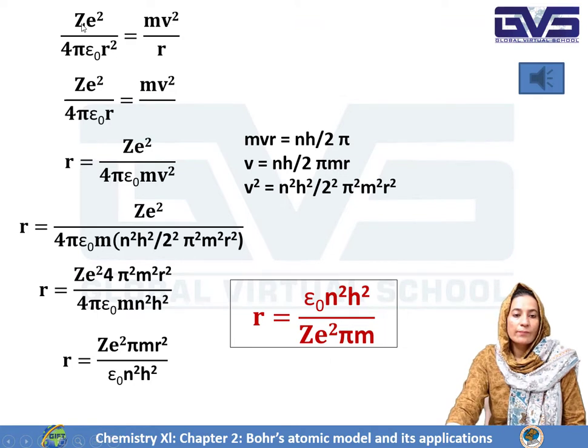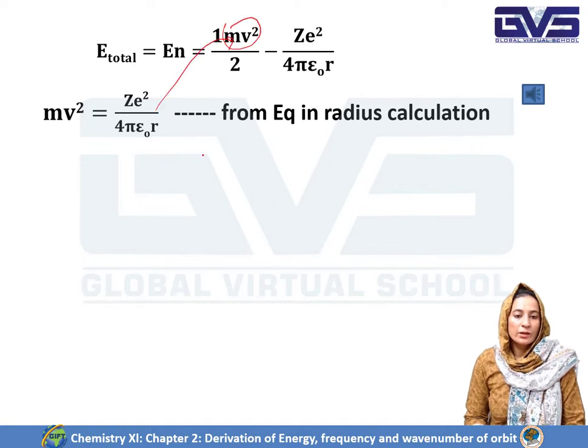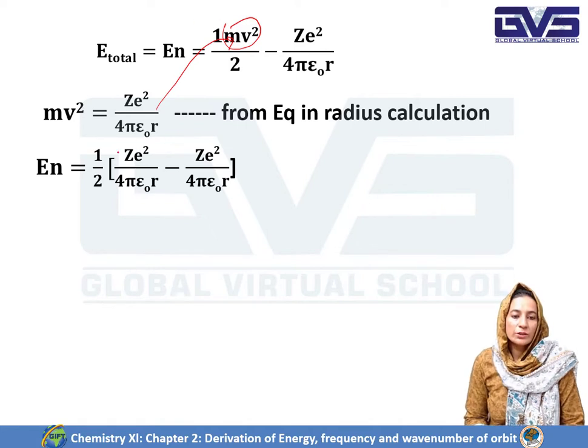This was the balance of Coulomb's force and centrifugal force, and when these factors were cancelled, there was this mv square equals z e square divided by 4 pi epsilon r. So putting this value of mv square here, we got the equation one by two, ze square over 4 pi epsilon r, minus ze square divided by 4 pi epsilon r.